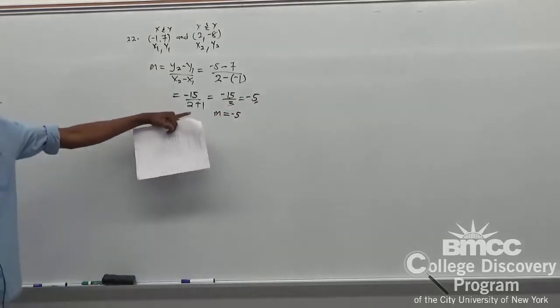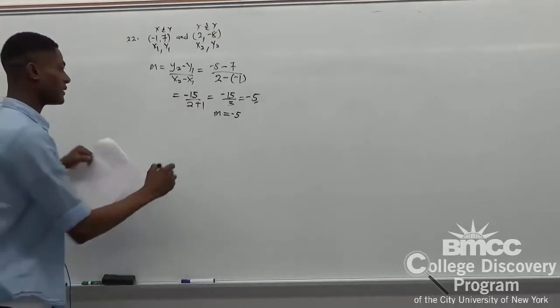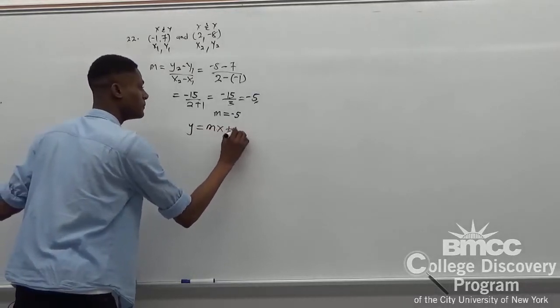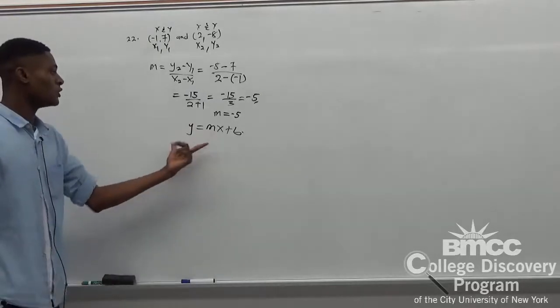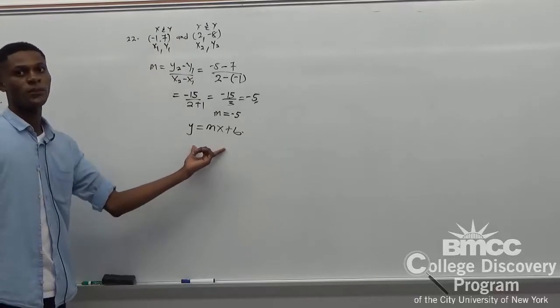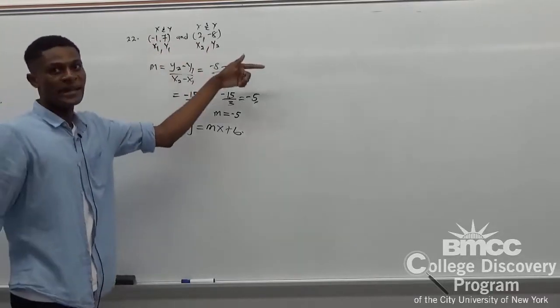So since I have the slope, now we just go to the line formula, and the line formula gives you y equals mx plus b. Here you can use either of the 2 points to find the line formula. I can choose to go with (-1, 7) or (2, -8).